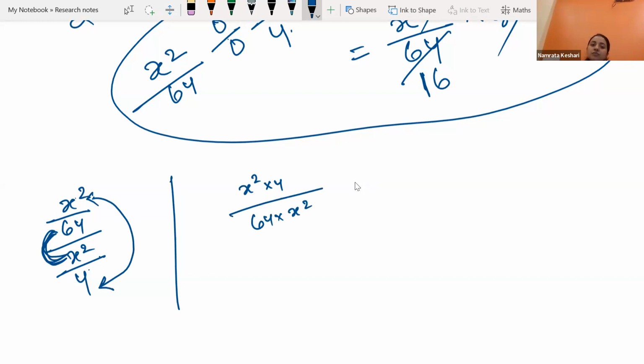You can see again we are able to cancel out x square, and again you will be getting 1 by 16 only. Are you getting what I'm trying to say?